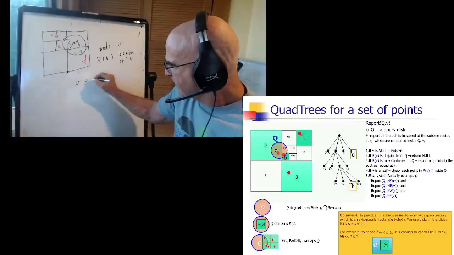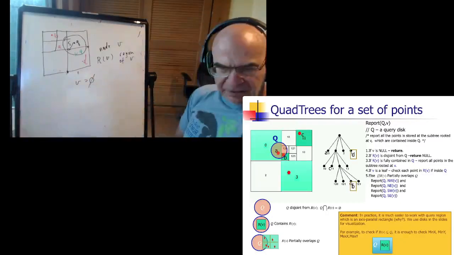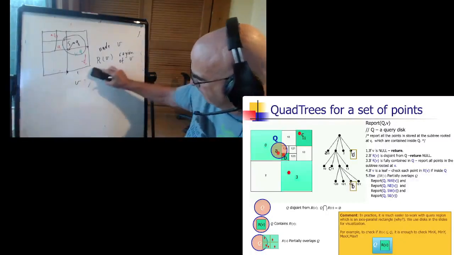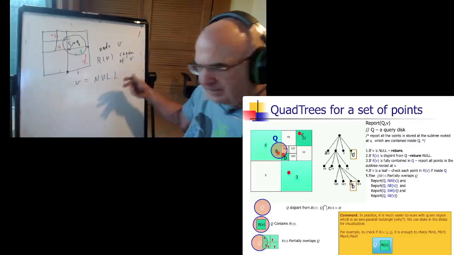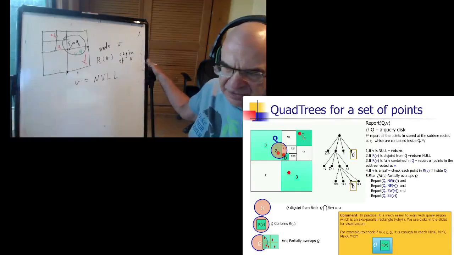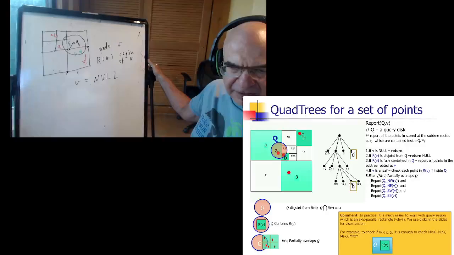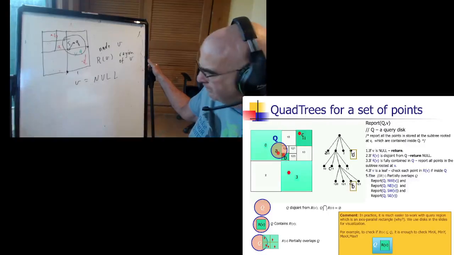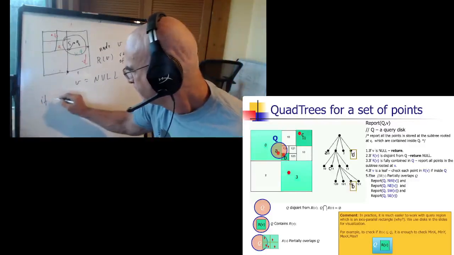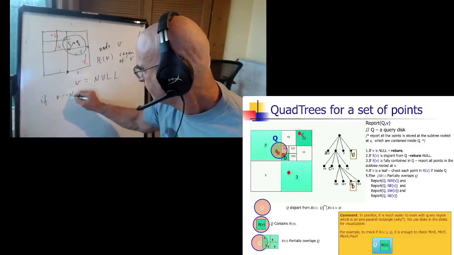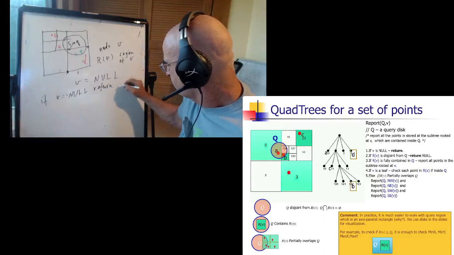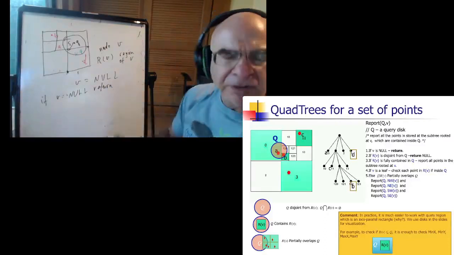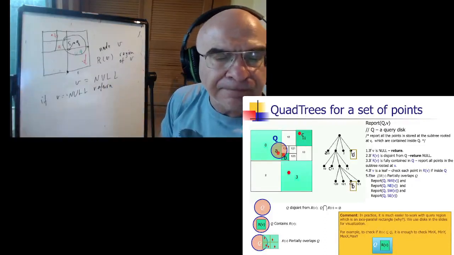If V happens to be a null pointer, you landed on an actually empty node. Then obviously this empty node of the tree doesn't contain any data points, so you just return and do absolutely nothing.